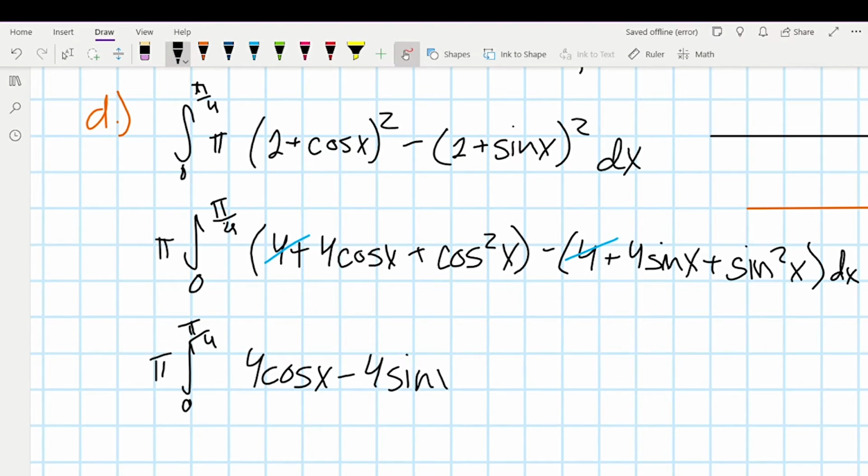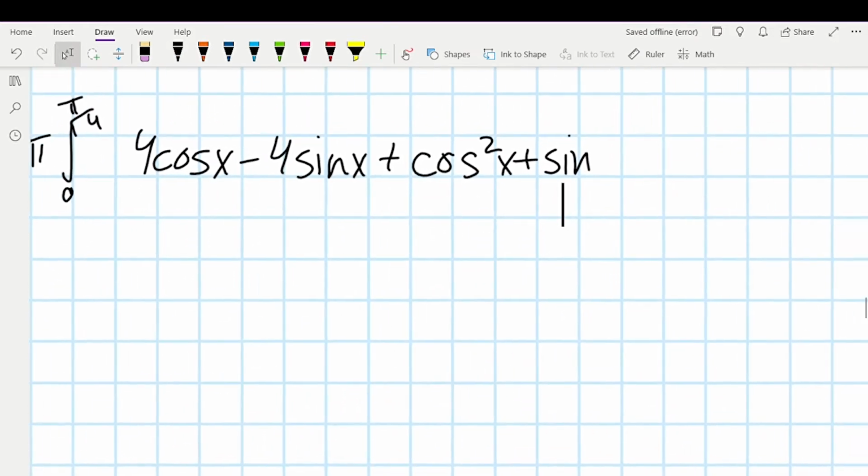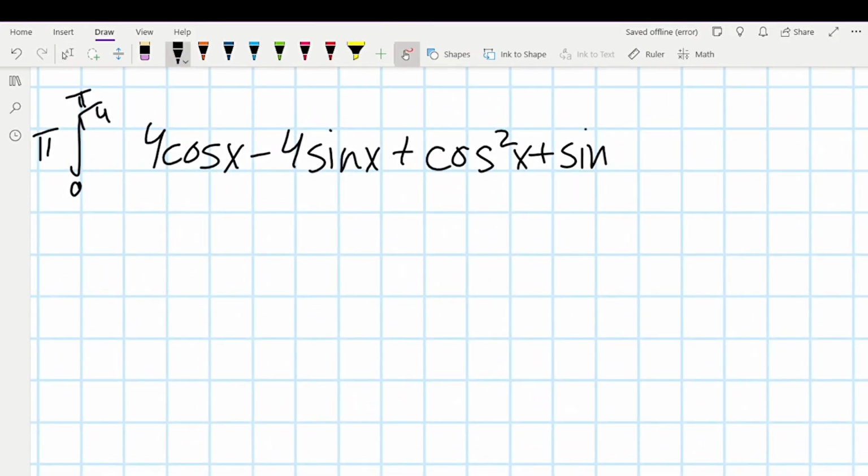And it's subtracting that because this will be multiplied to all of these, and that's also how I was able to cancel out this 4. Plus cosine squared x plus sine squared x. So I'm going to rewrite this. Oh, forgot my dx.